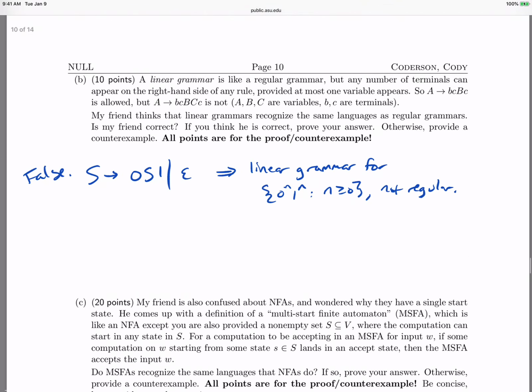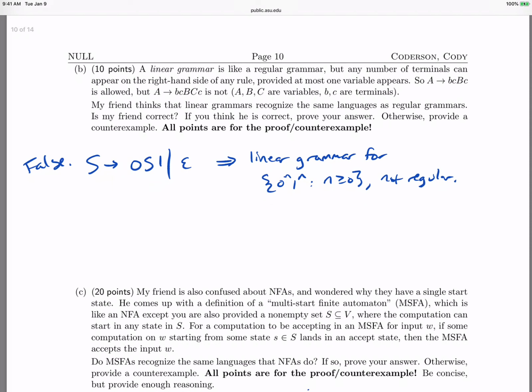Okay, part B. A lot of people on part B wrote false and then a giant paragraph. What do you think you should do if you write false on a question? Write a counterexample. I bolded it for a reason. Okay? Should I put it in caps too in a bigger font?